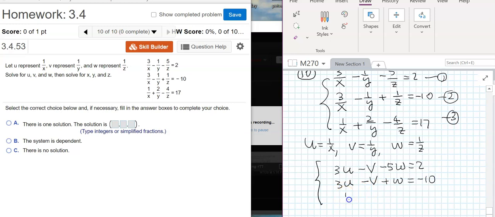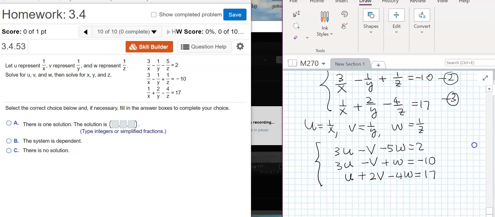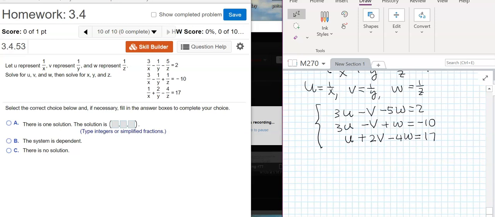And the third one is u plus 2v minus 4w equals 17. So we have a new looking equation, but they're basically the same. We use substitution for x, y, z, 1 over x.